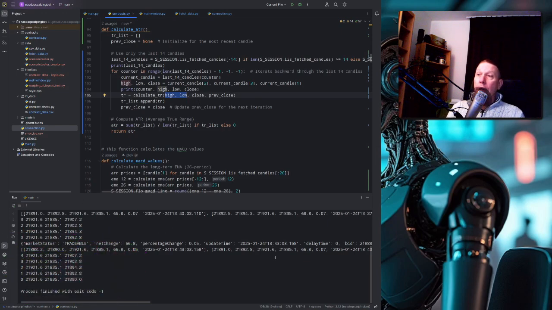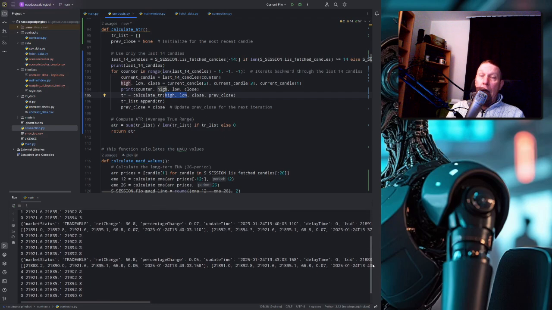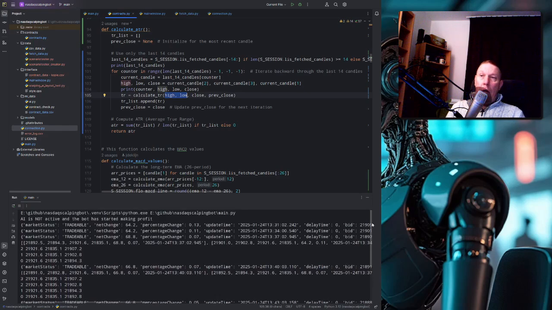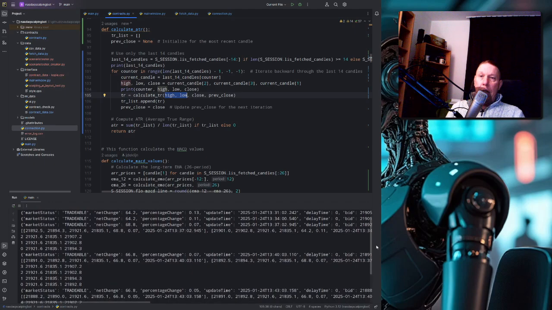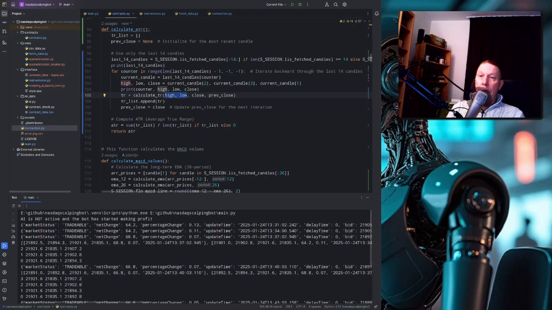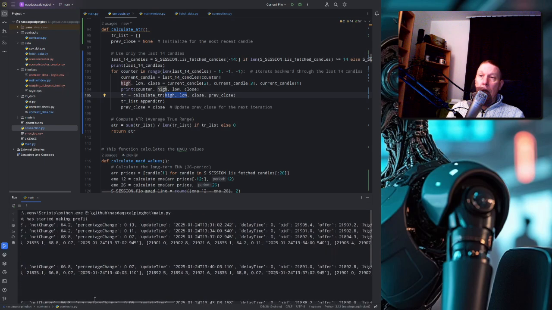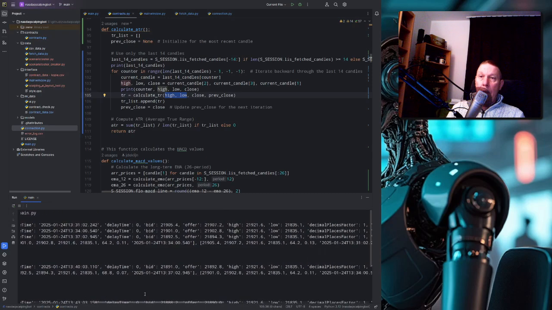And what I was looking for, and I restarted the bot several times, and if you look at the bottom half of the code editor, you see the market status, tradable, net change. If we take the ones up there, we see that the market status, uptime, delay time, the bid price differs, the offer price differs, but the high and the low don't.